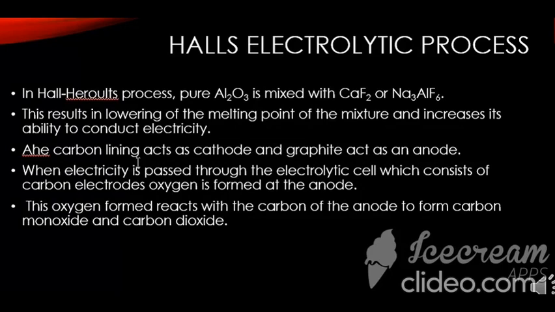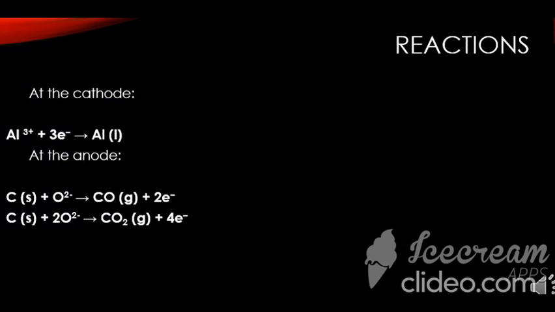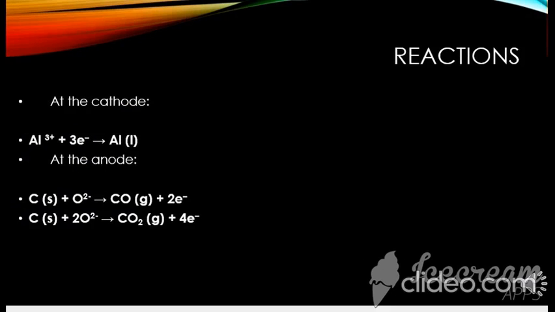So the carbon lining acts as a cathode, and the graphite rods act as an anode. When electricity is passed through them, what happens? Now we come to the reaction. The negative terminal is attached to the carbon lining cathode and the positive terminal is attached to the graphite rod, so electrolysis starts and current passes. And what happens at the cathode?